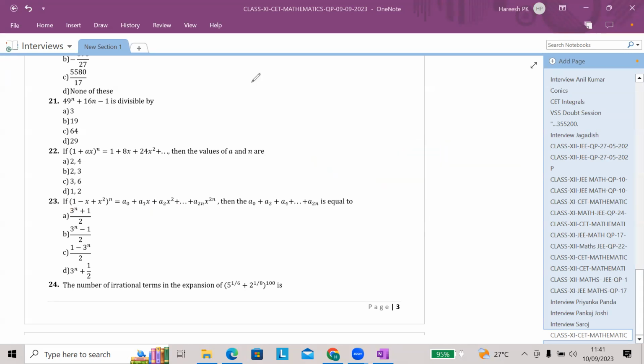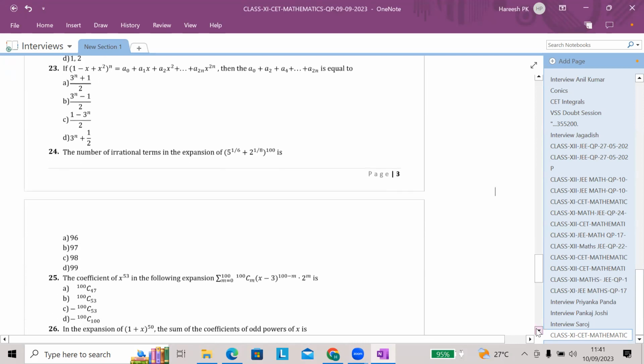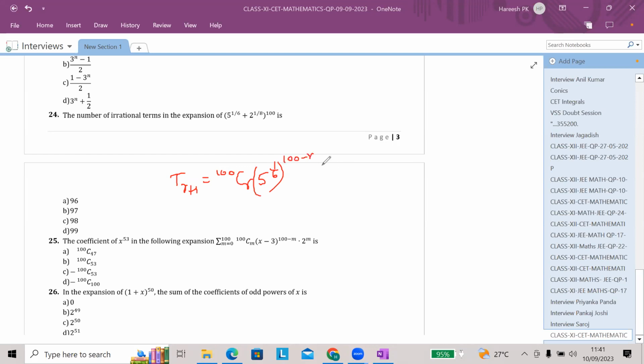Moving on, the number of irrational terms in the expansion. So let's write T(r+1). T(r+1) will be 100Cr into 5^(1/6) to the power 100 minus r, into 2^(1/8) whole power r.